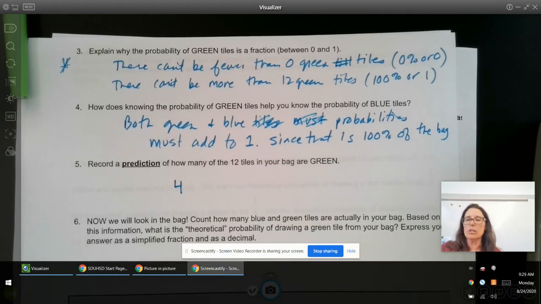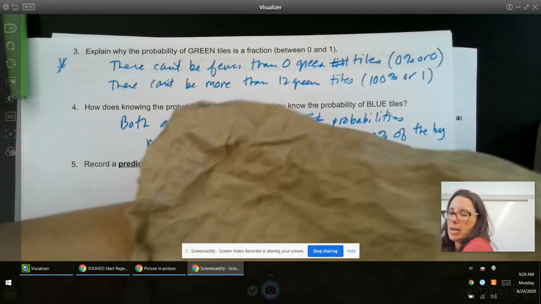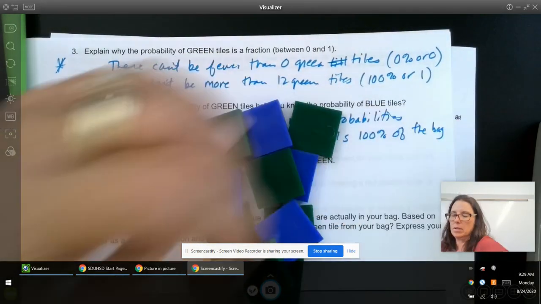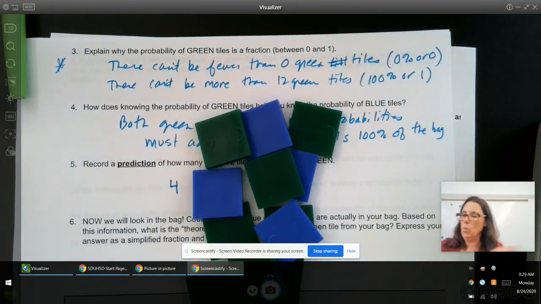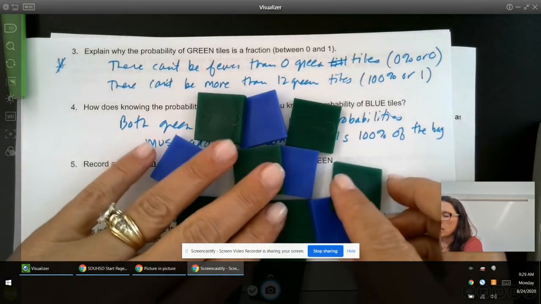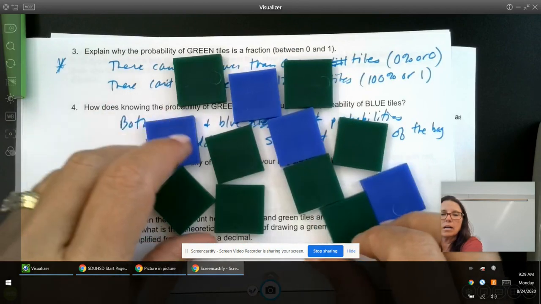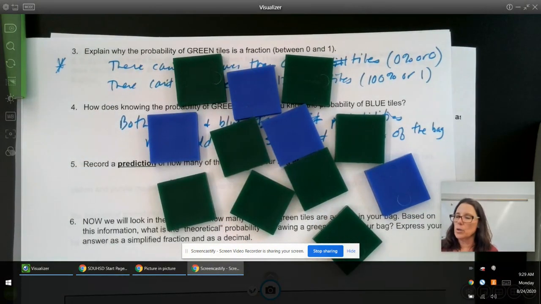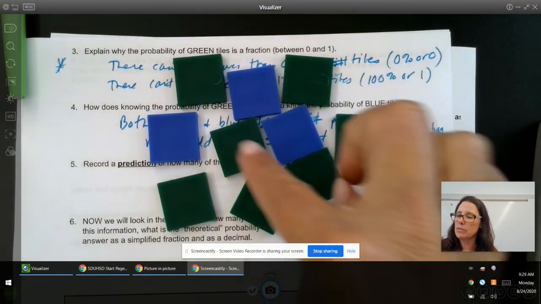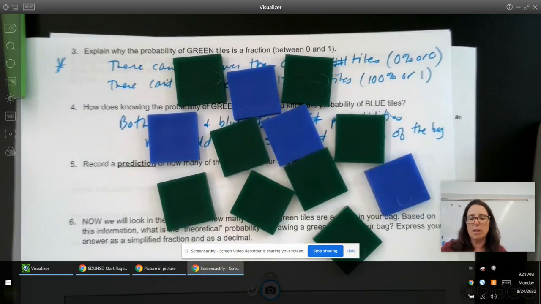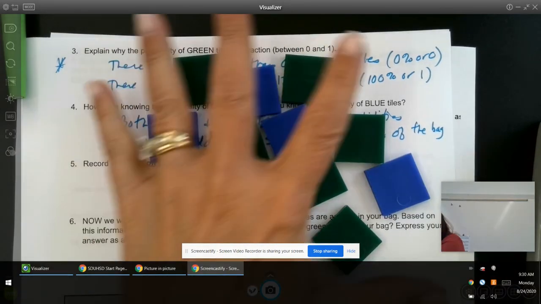Now we're going to look in the bag. I'm going to pour them out right here, guys. Wow, look at that. Green tiles, 1, 2, 3, 4, 5, 6, 7, 8 of them were green. I was way off, huh?